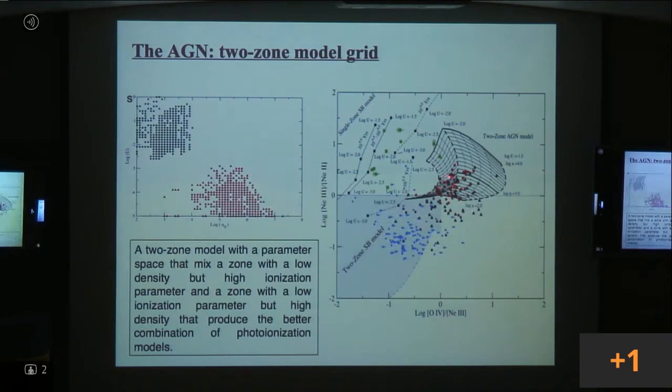In this plot, the black and red points are AGN with a strong starburst component.